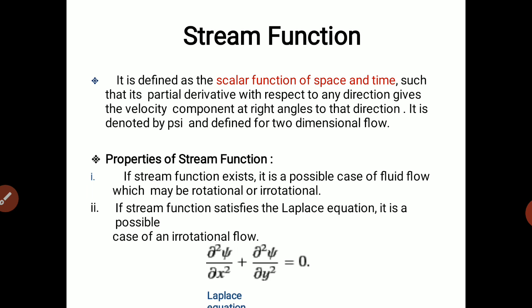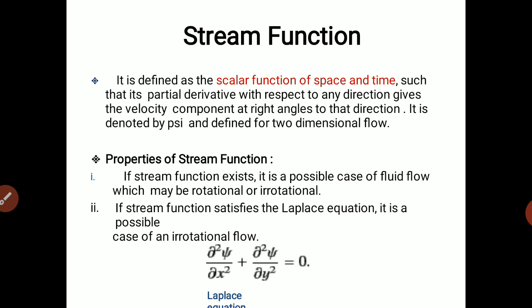So the stream function is defined as a scalar function of space and time such that the partial derivative with respect to any direction gives the velocity component at right angles to that direction. It is denoted by psi, and it is for two-dimensional flow. So it is a scalar function of space and time.